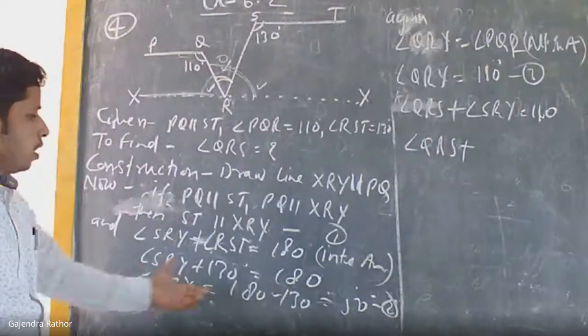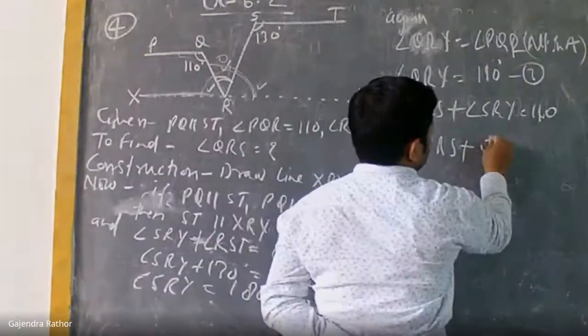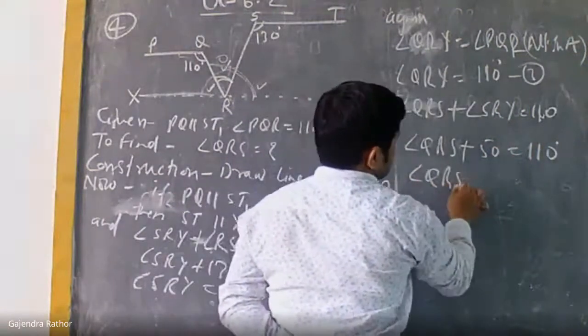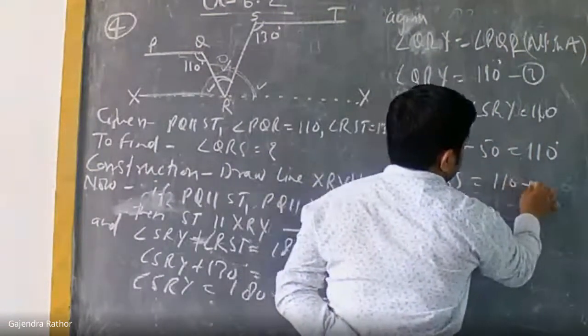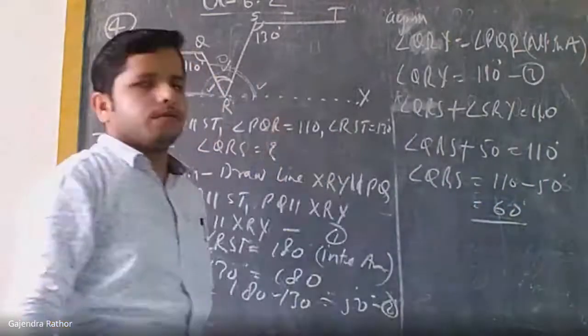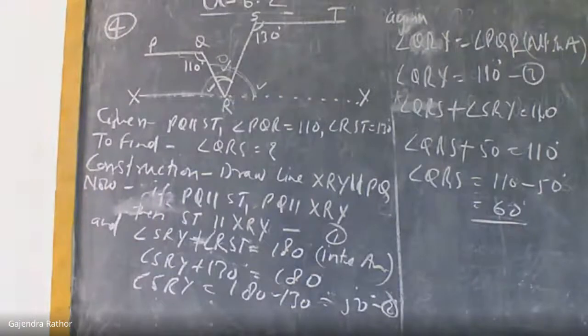This is 50. So QRS plus 50 is equal to 110. QRS is equal to 110 minus 50 degrees. So the answer is 60 degrees. So the final answer of this question is 60 degrees.